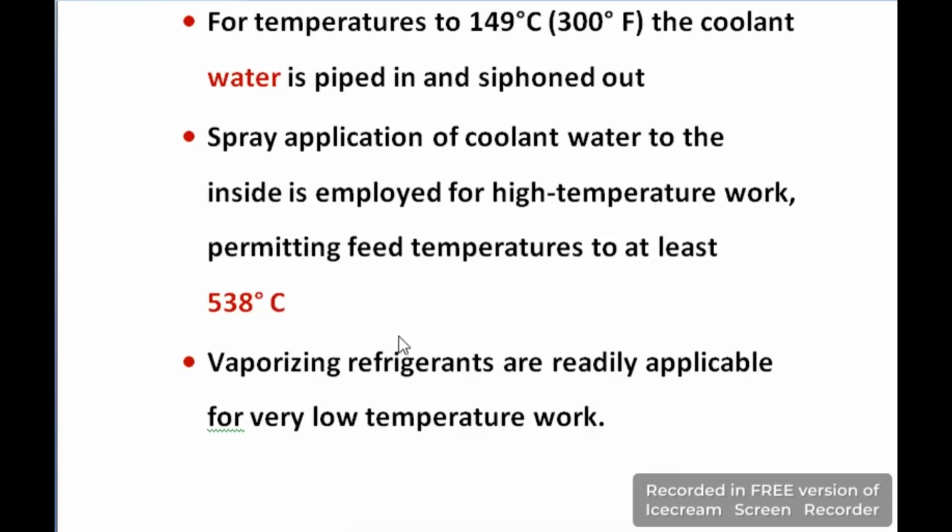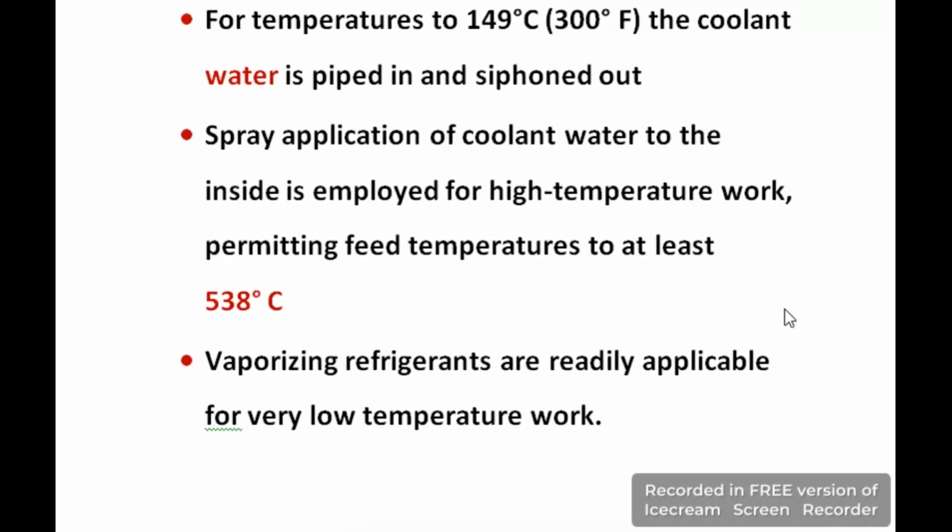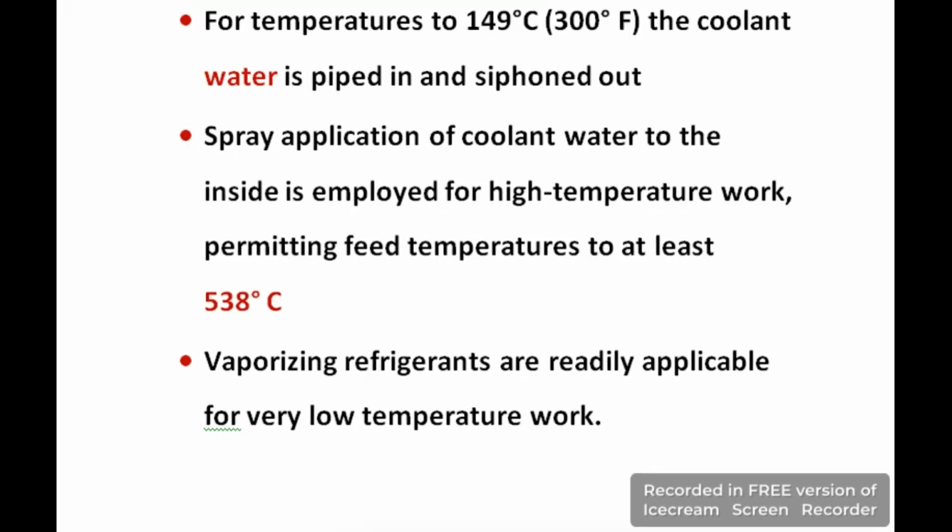When used for low temperature, around 149 centigrade, water as a coolant is used through a piping system. When these exchangers are used for high temperature, then water as a coolant is used with the help of spray applications.